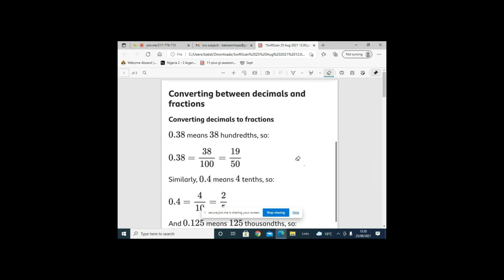So we now go on to how we can convert from fractions to percentages. Let's do fractions to decimals first.